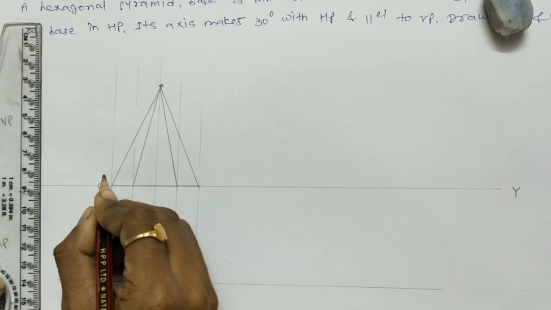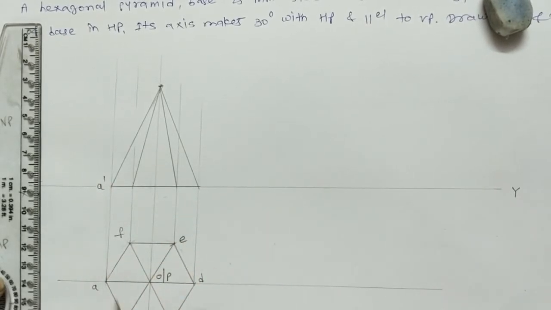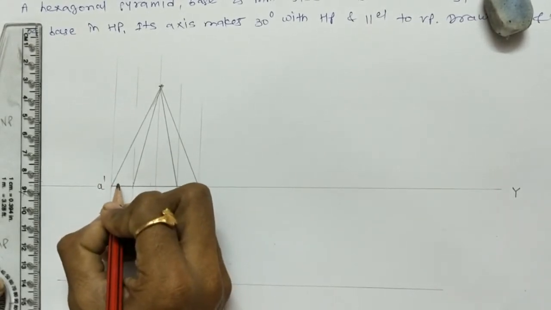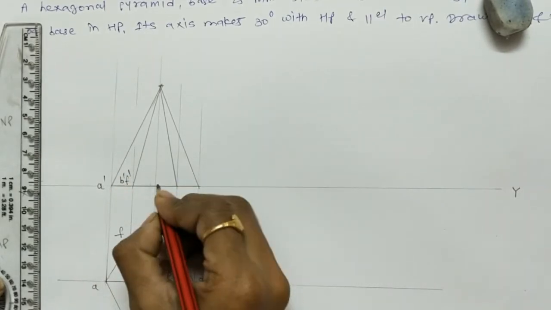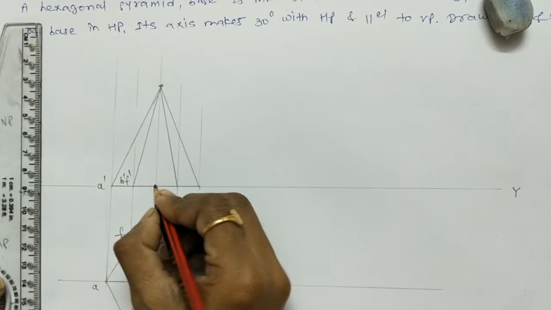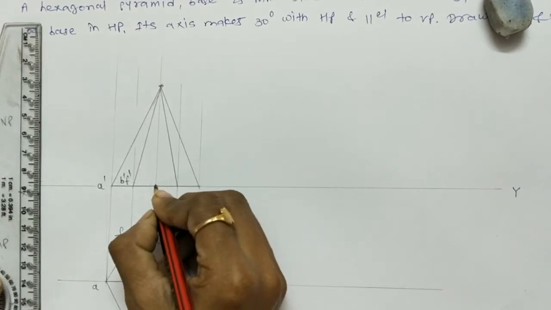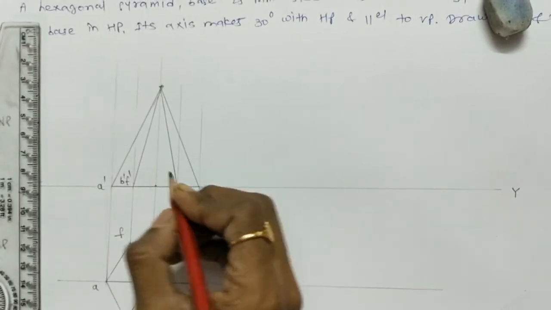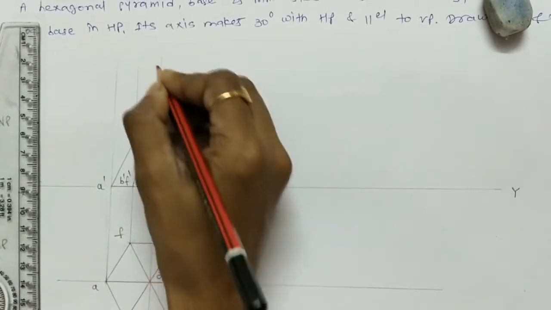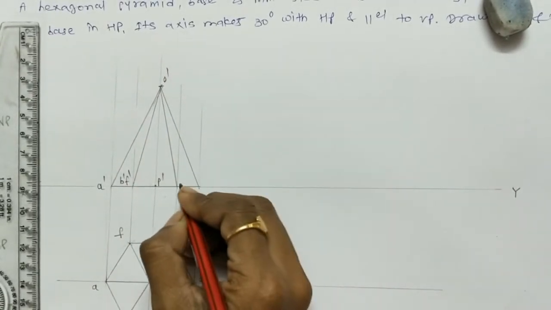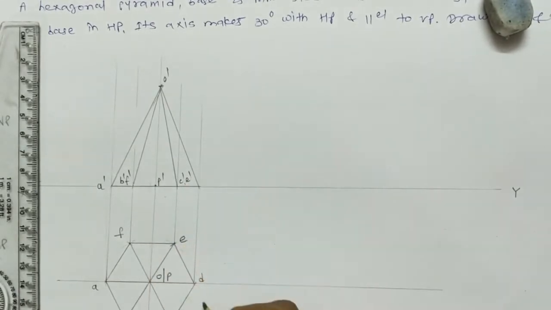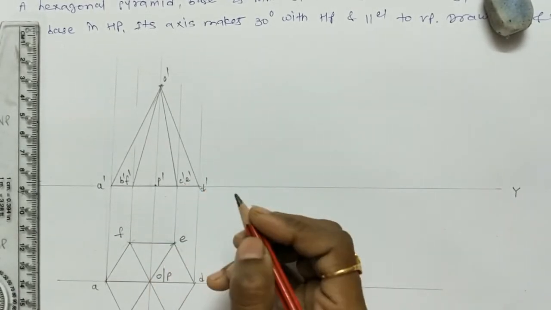This is A dash, then B dash, F dash, then center OP, that is P dash, O dash, then C dash, E dash, and here D dash.